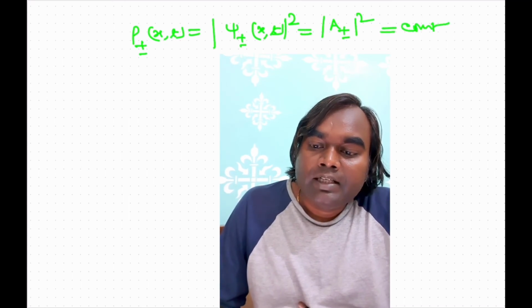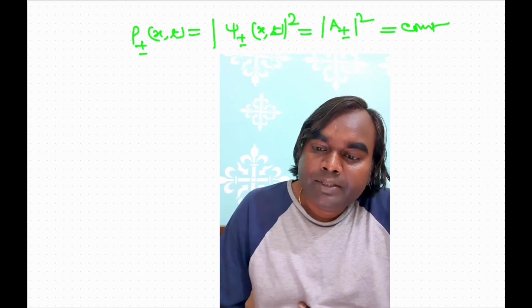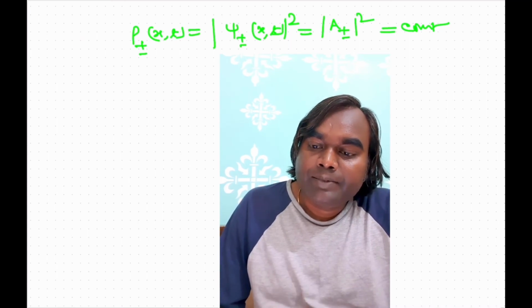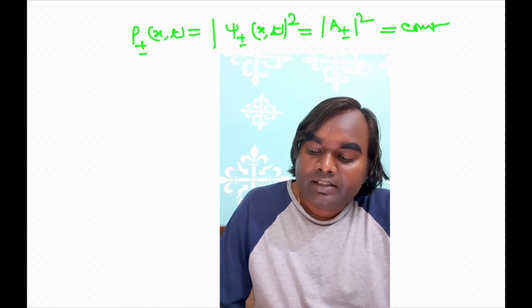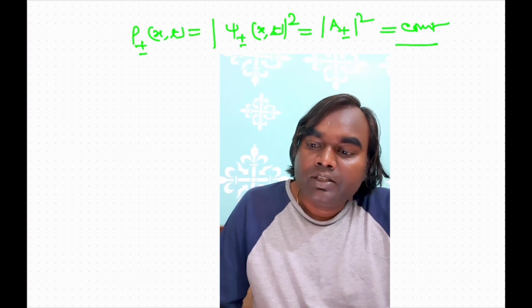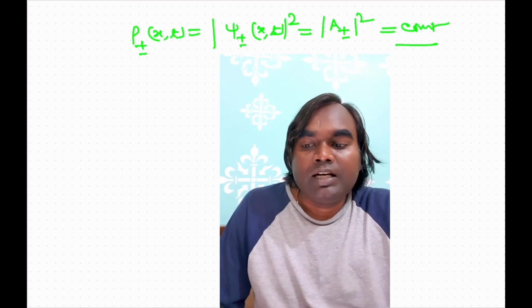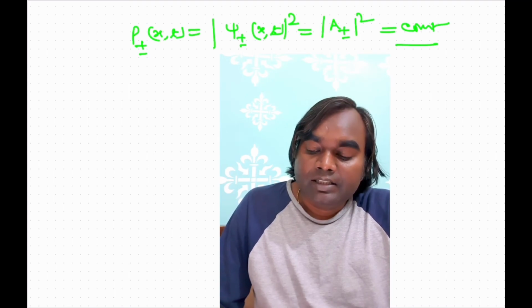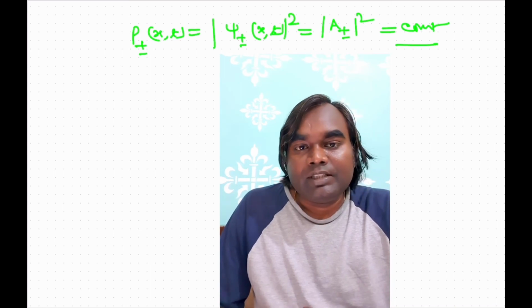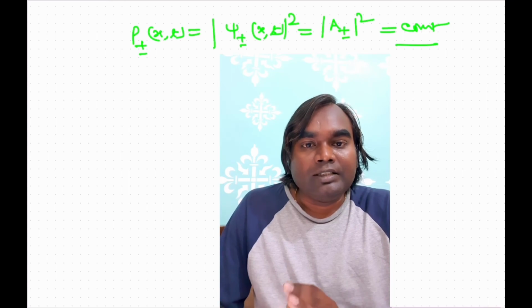That means they don't depend on x or on time t. This is due to the complete loss of information about the position and time for a state with definite values of momentum and energy. That means, as we discussed before, the energy and momentum are definite.